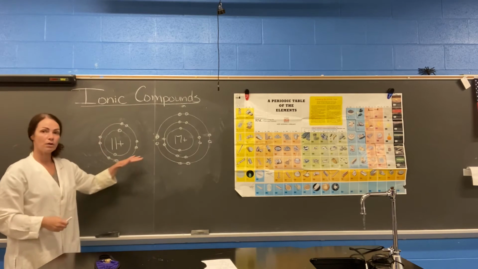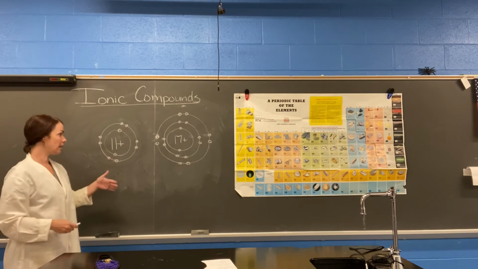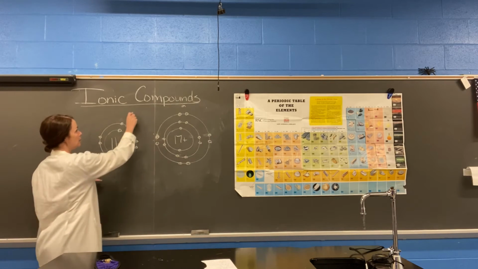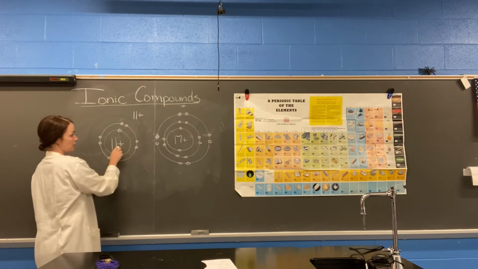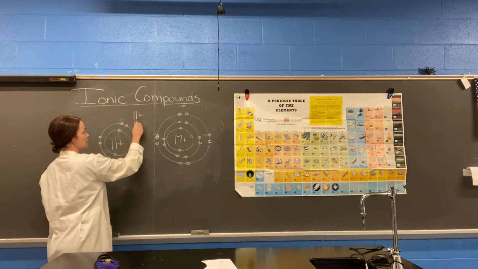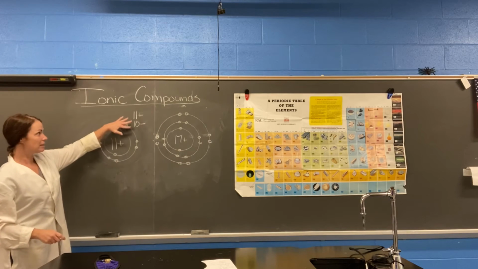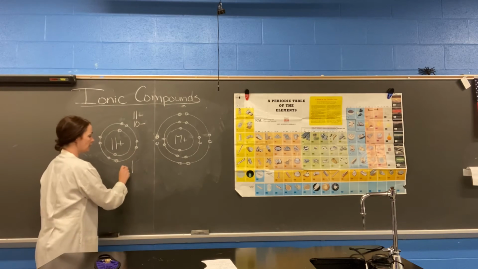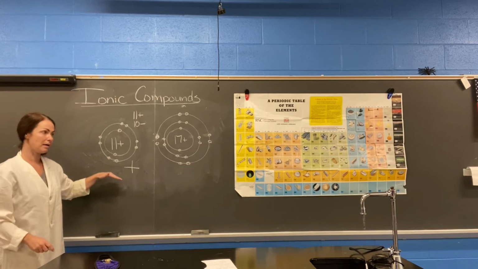But these are no longer considered atoms, they are now ions, and that's because sodium has 11 positive charges, just like it did at the beginning, but it has 10 negative charges. That means that it's slightly positive. It has a positive charge.